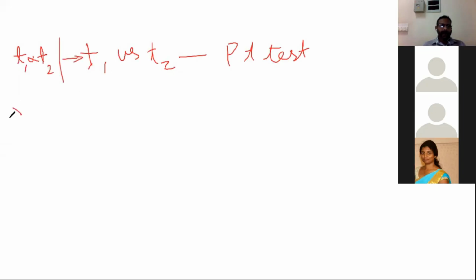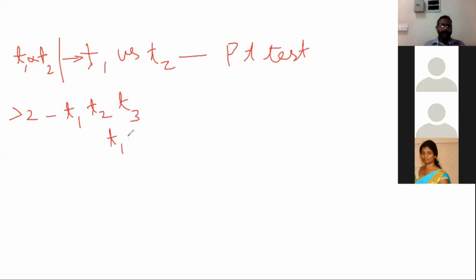Suppose you have more than two treatments. Let's say we have a situation with three treatments, T1, T2, and T3. If you are asked to do a t-test, how many times do you have to do it?